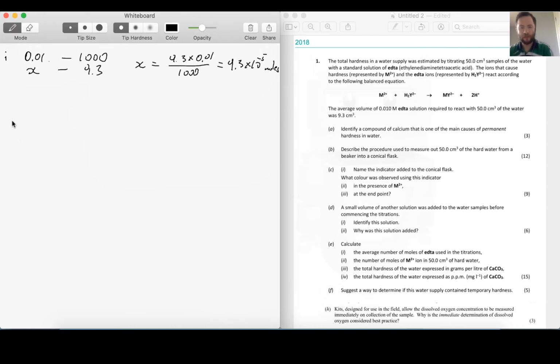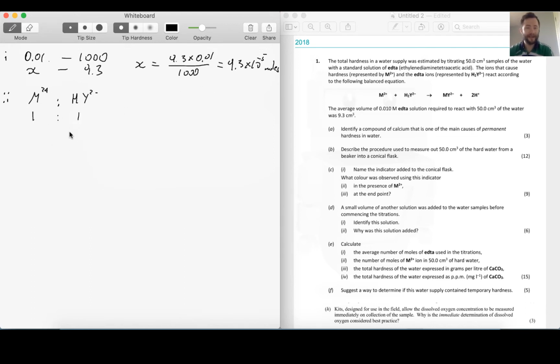So then the number of moles of M2+ calcium carbonate ions in 50 cubic centimeters of water. To find the answer to this question, I realized that M2+ and H2Y2- react with each other with a ratio of 1 to 1.